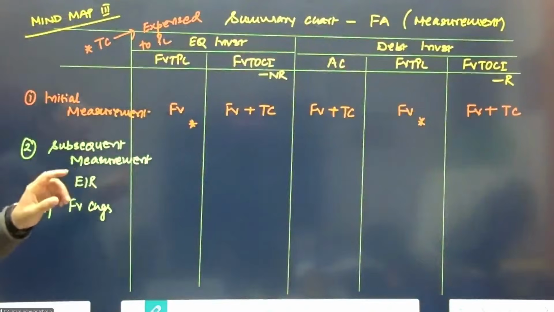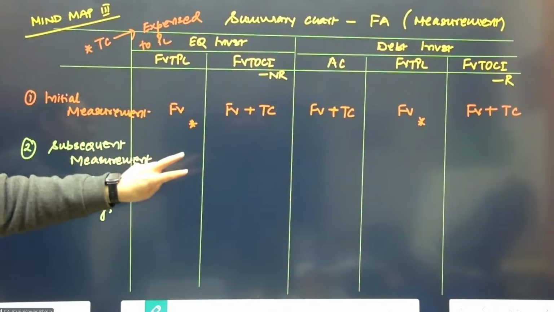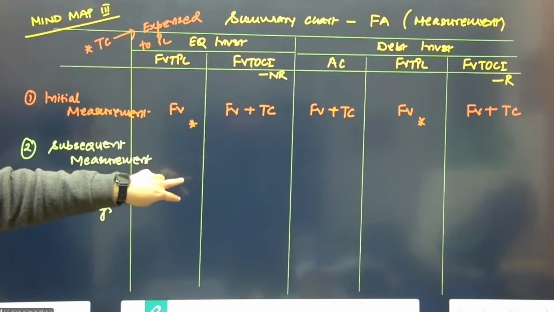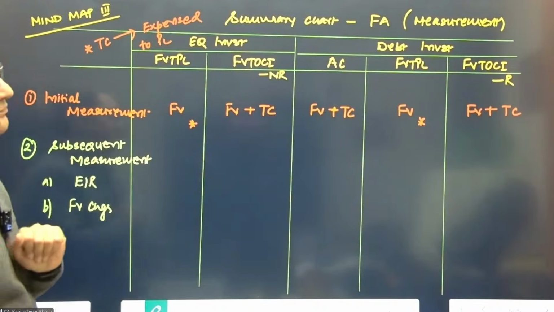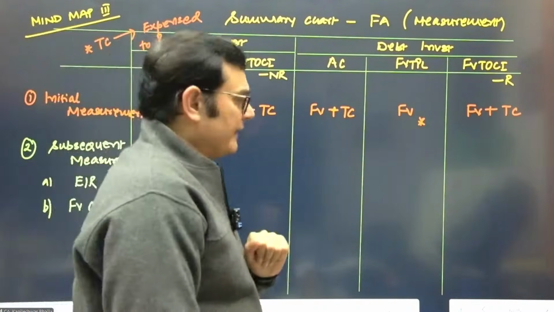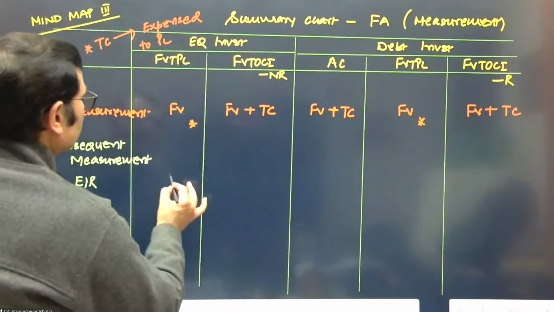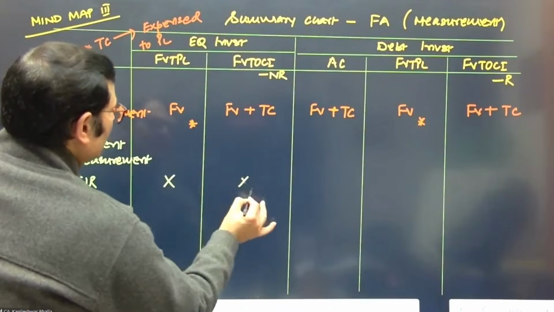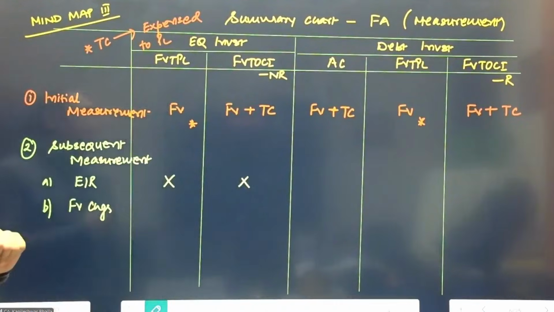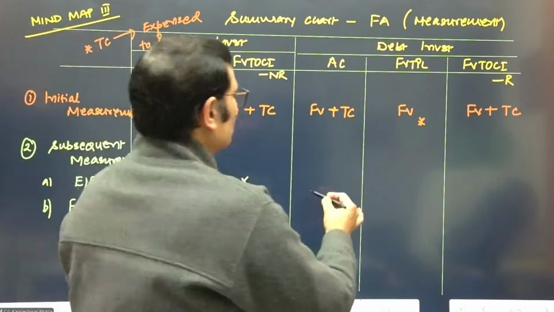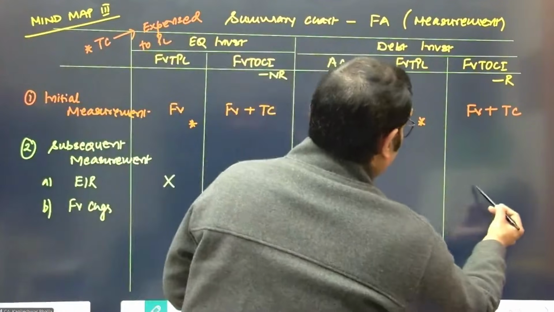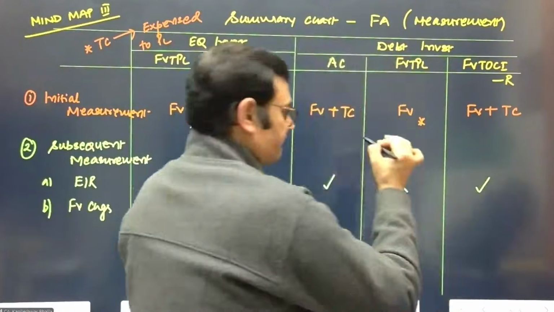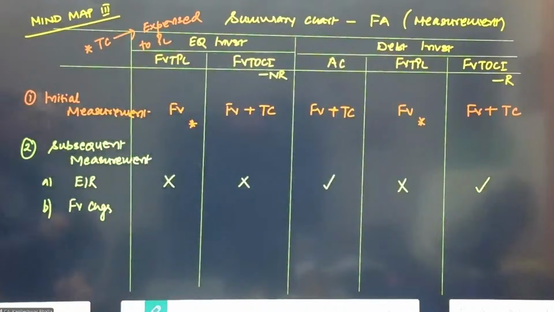So can I say, is the concept of EIR applicable to equity investments? Yes or no? No, sir. That's absolutely correct. So it does not apply to equity investments at all. Can I say in terms of debt investments it applies only to AC and OCI, right? Yes. Perfect.